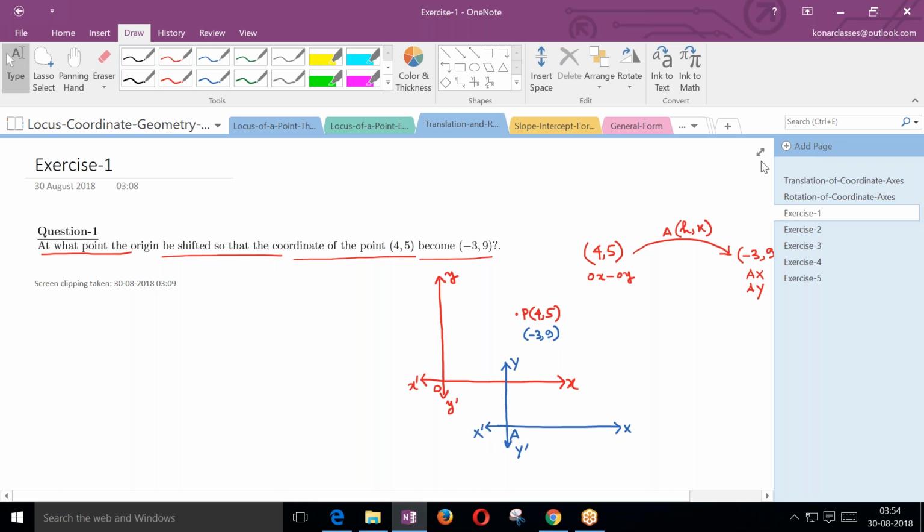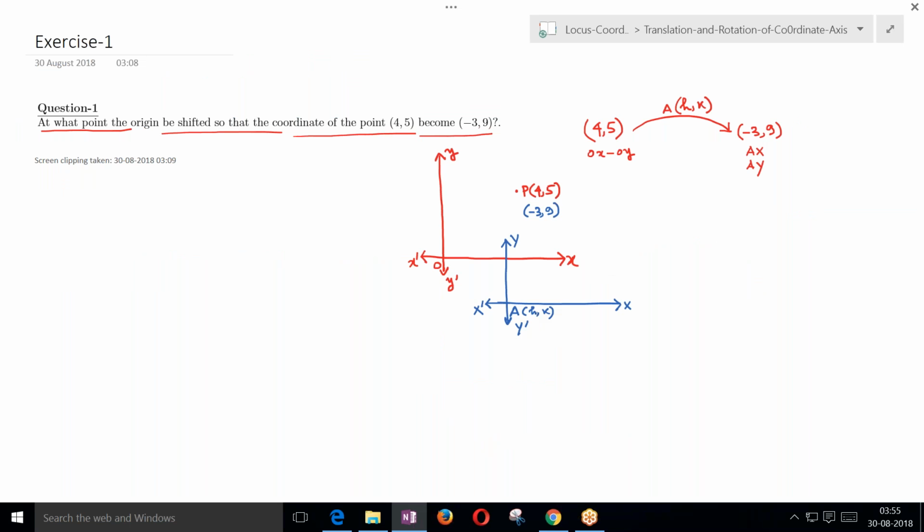Now this point A has the coordinate (h, k). We need to find the value of h, k so that this transformation happens. From the translation, we know capital X is equal to small x minus h, and capital Y is equal to lowercase y minus k.